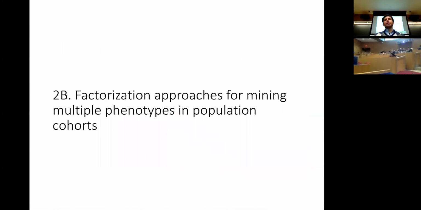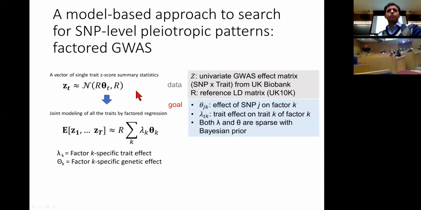So you can do this by first saying, let's cluster everything based on these associations, but that requires that, number one, you have associations to start with, and the signal at any one locus is sufficiently strong. And number two, it only clusters things after the initial association. An alternative is to use factorization from the beginning.